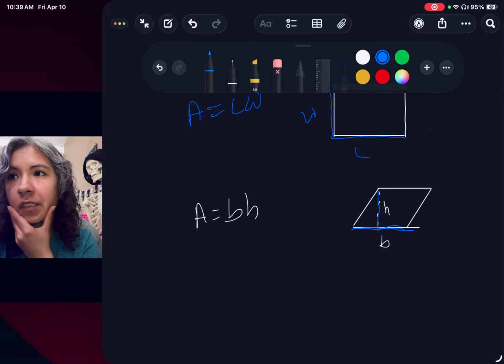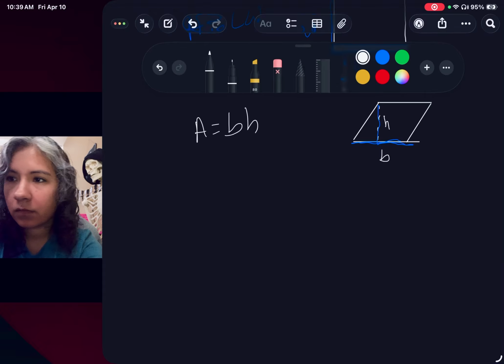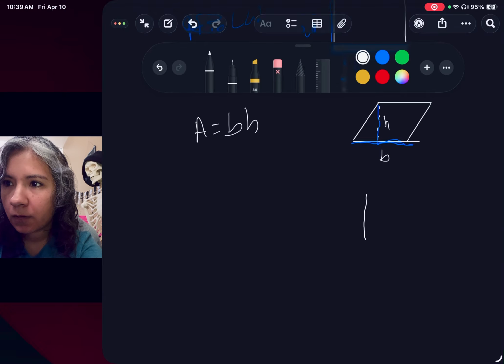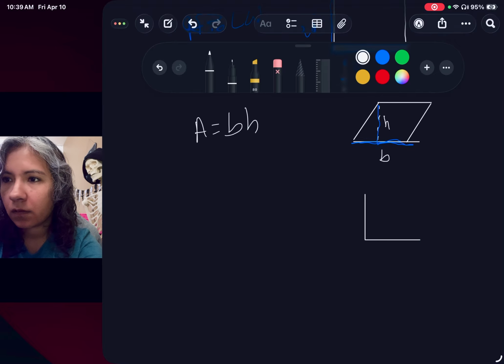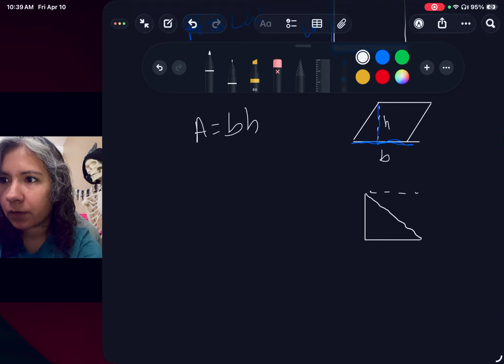And so to find the area of a triangle, I'm just going to draw it as if it was a rectangle.